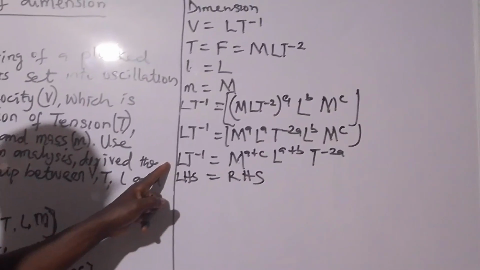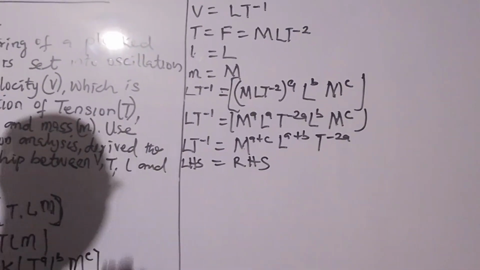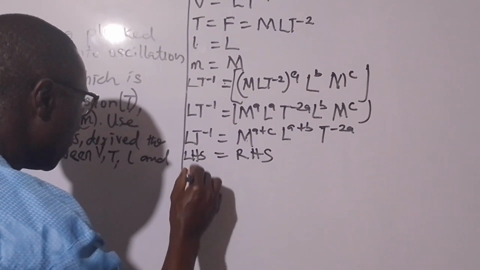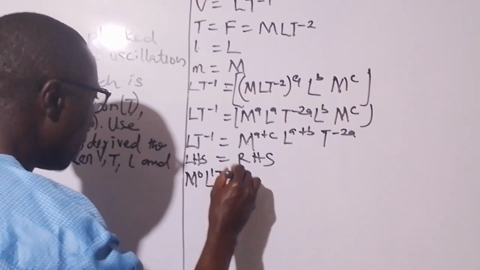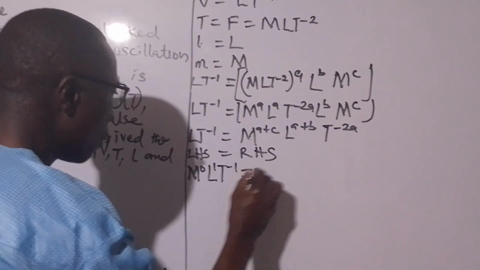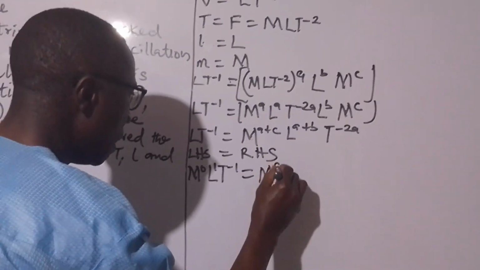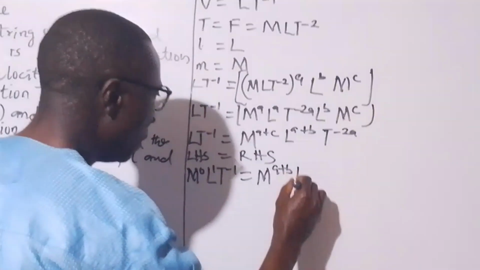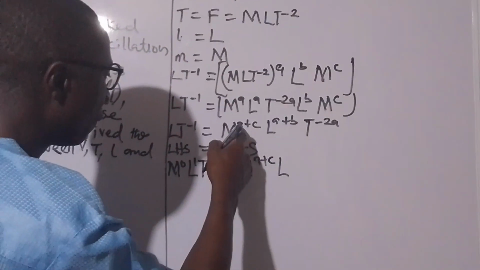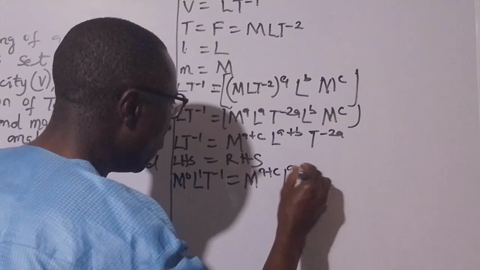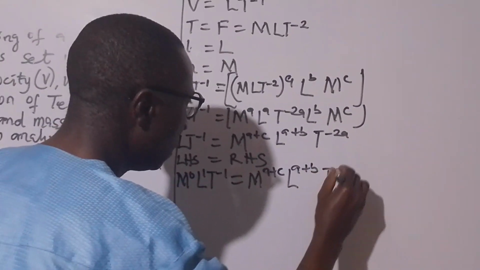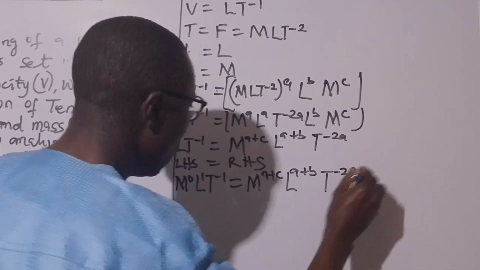Here, there's no M. We need to introduce M. So, we now say M raised to power 0, L raised to power 1, T raised to power minus 1, then equal to M raised to A plus C, L raised to A plus B, T raised to power minus 2A.